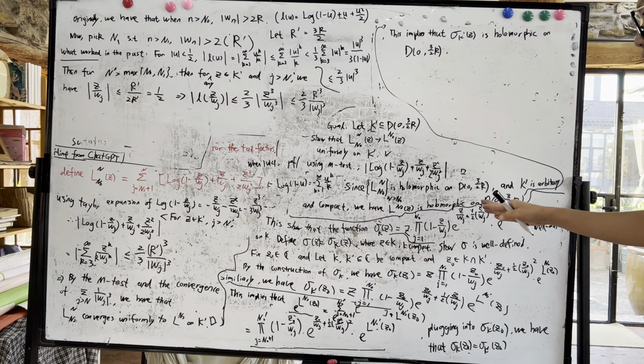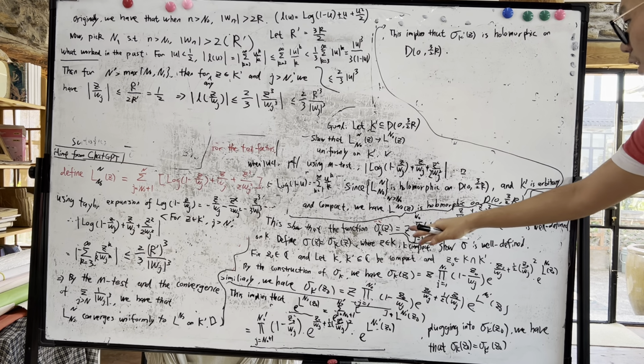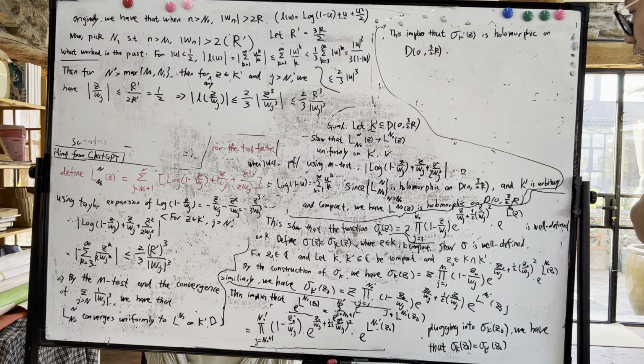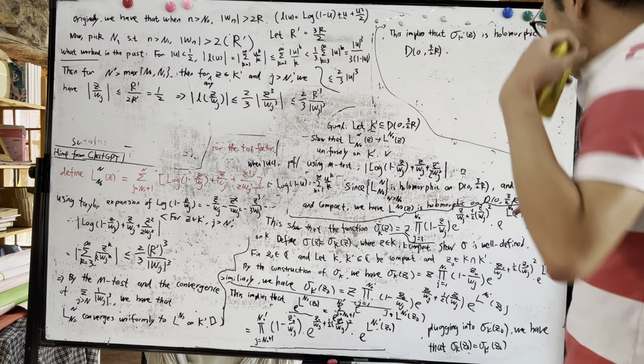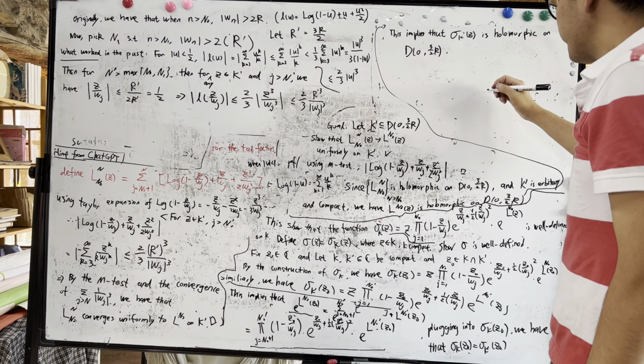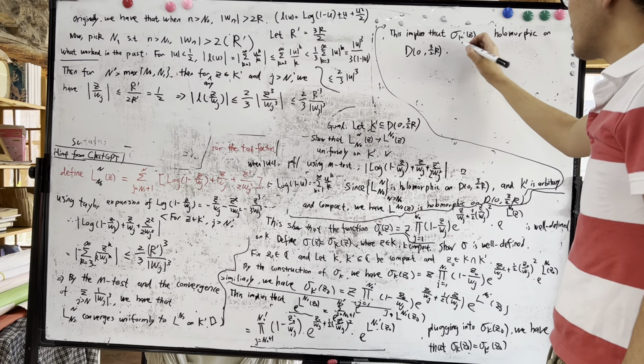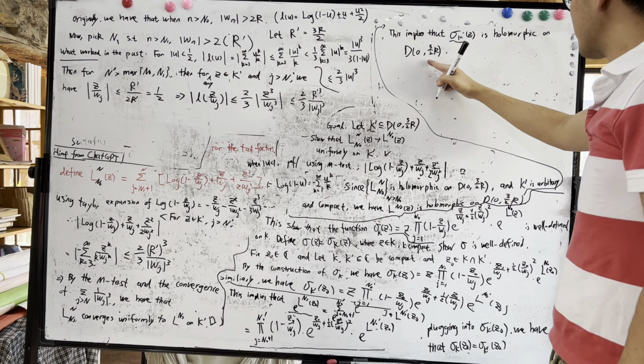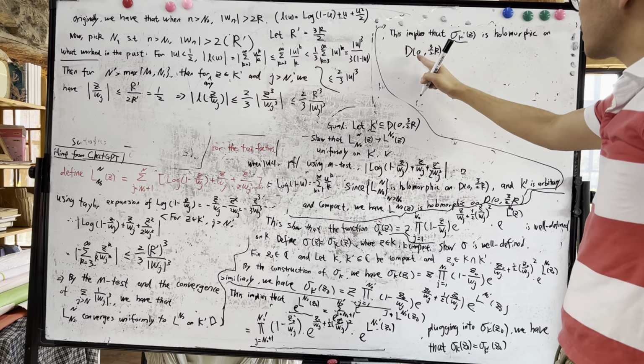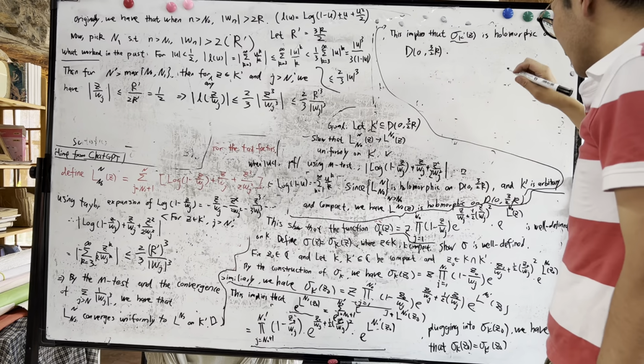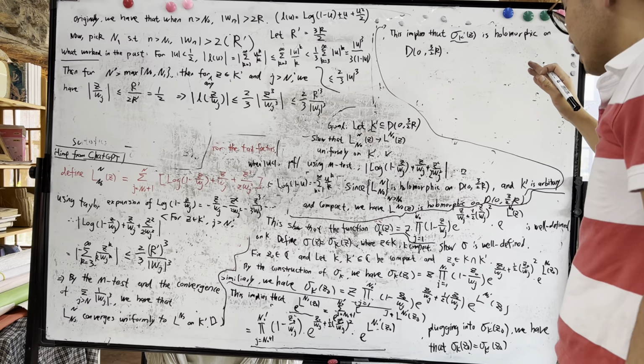So everything at the beginning just depends on this K. Now we show that this guy is holomorphic on this disk, right?